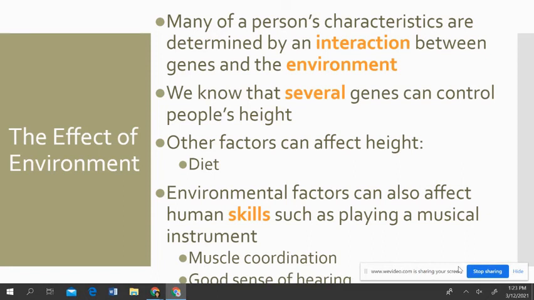So your genes do control traits, just like we know several genes control a person's height, but then environmental factors can also influence if we increase our height or we stunt our growth and we don't actually reach the potential of what we could be. So diet is one of those, based on if you get the right nutrients or not, if you're eating healthy, getting the rest you need, and all of that.